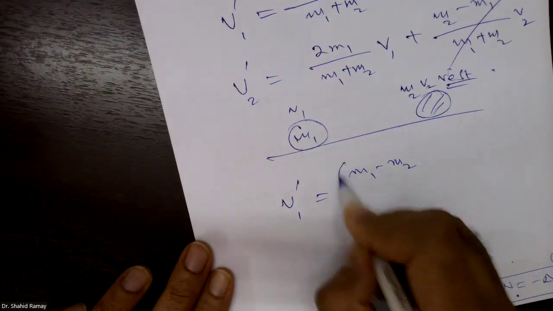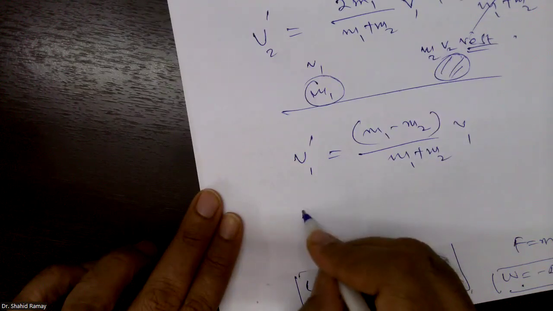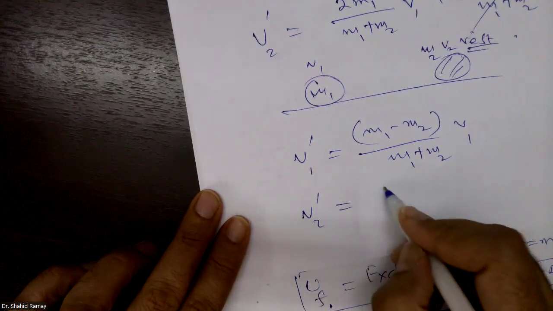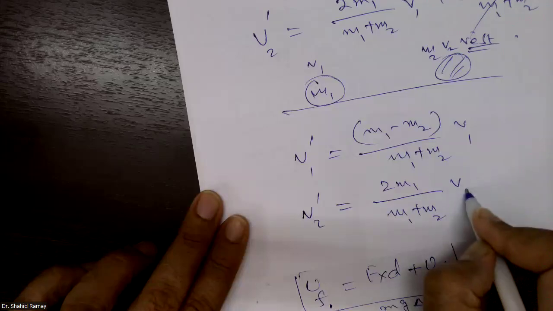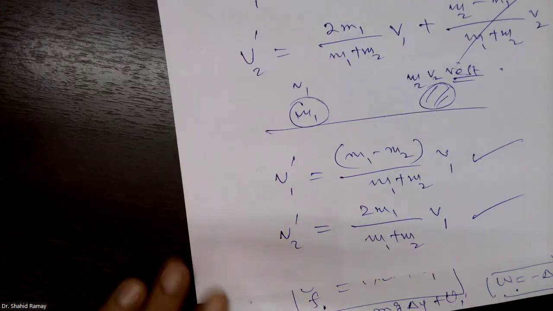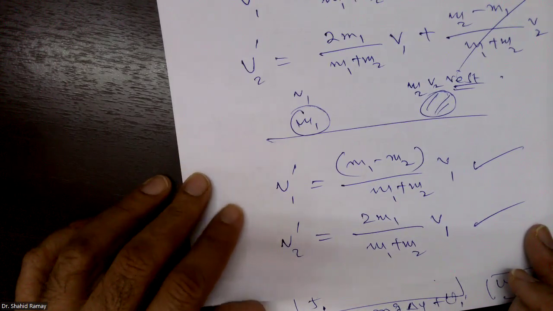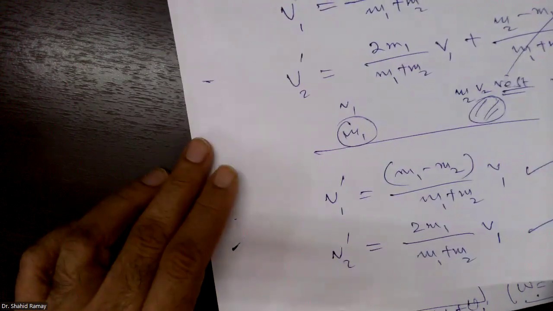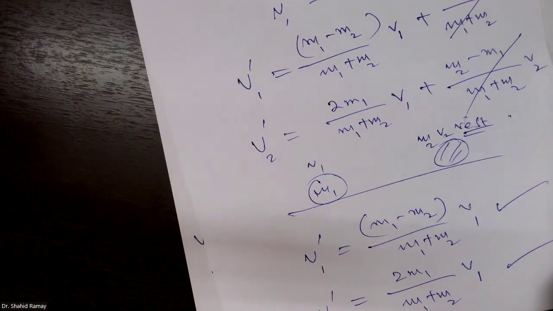M1 minus M2 over M1 plus M2 into V1. And similarly, V2 dash is equal to 2M1 over M1 plus M2 into V1. So you will use these two equations to solve the problems. This is very important, and this is elastic collision. Here, momentum and kinetic energy both remain the same.